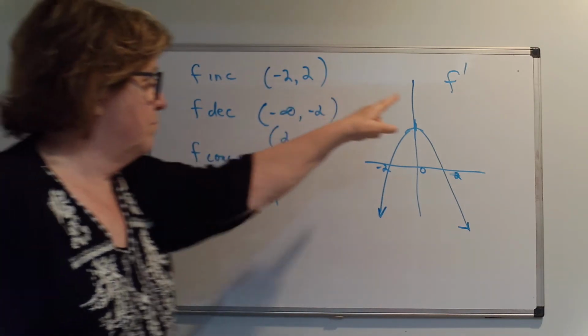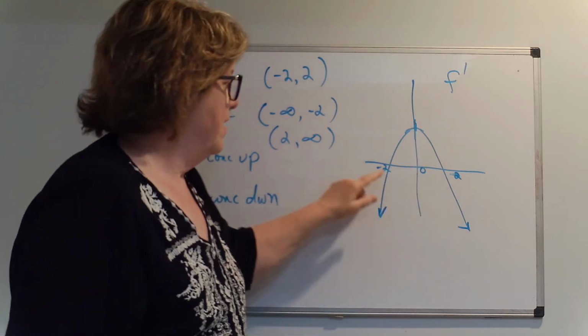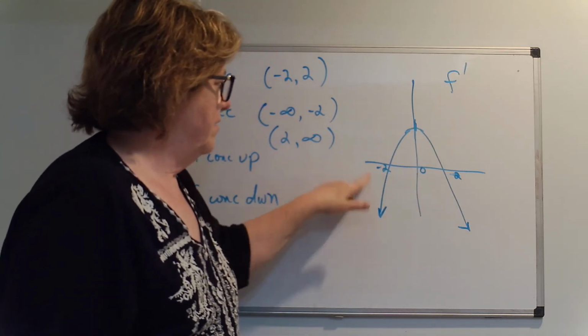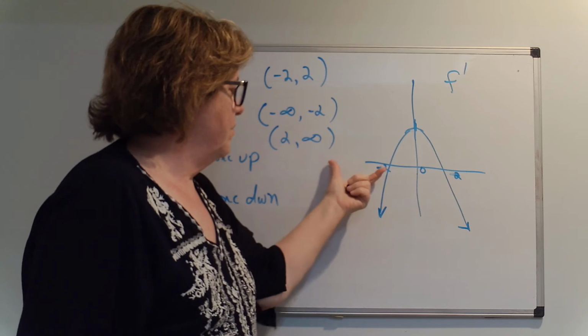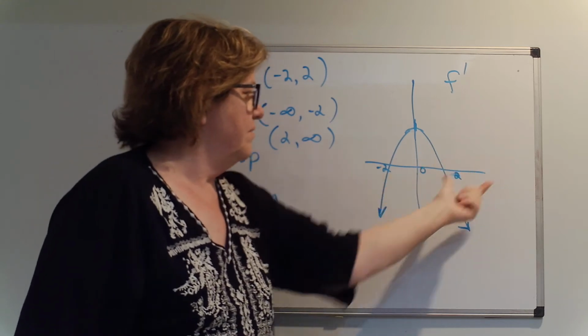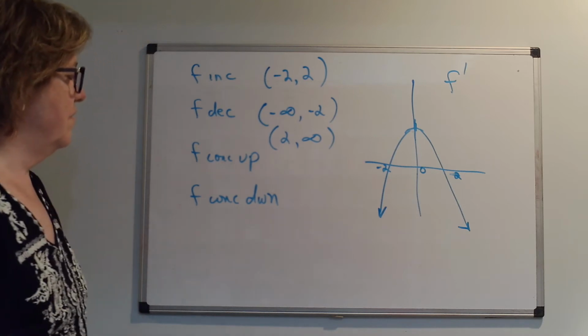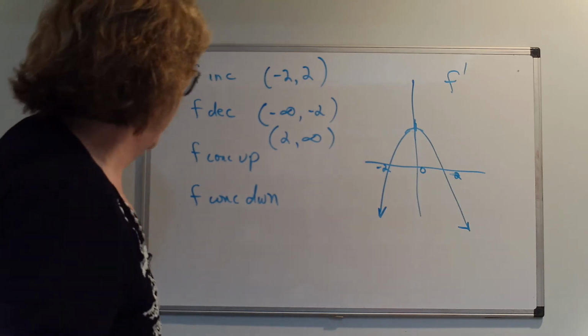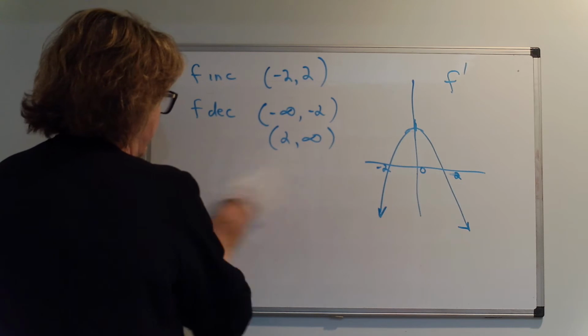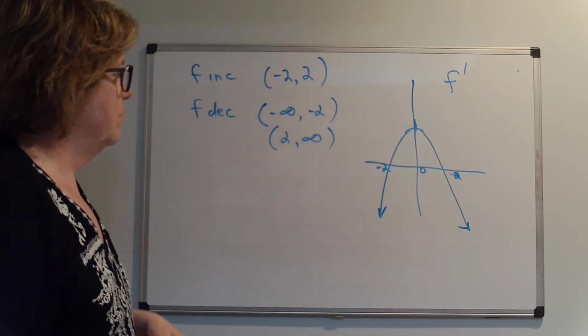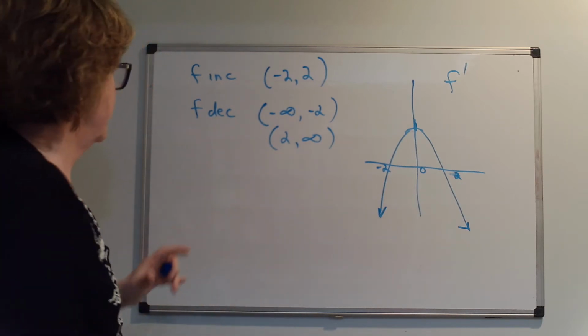Why? Because the derivative is negative over this interval and this interval. It's positive there.